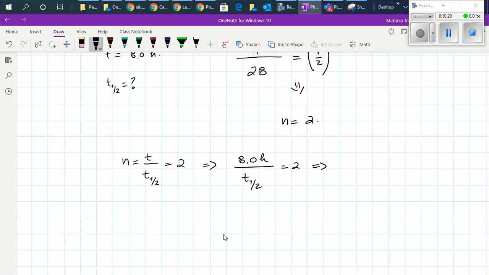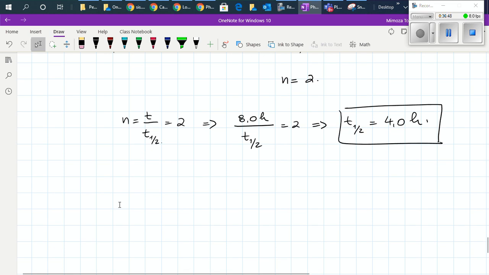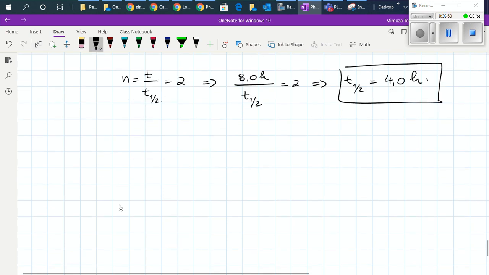From here, the half-life is 8 over 2, which is equal to 4. So it's 4 hours.